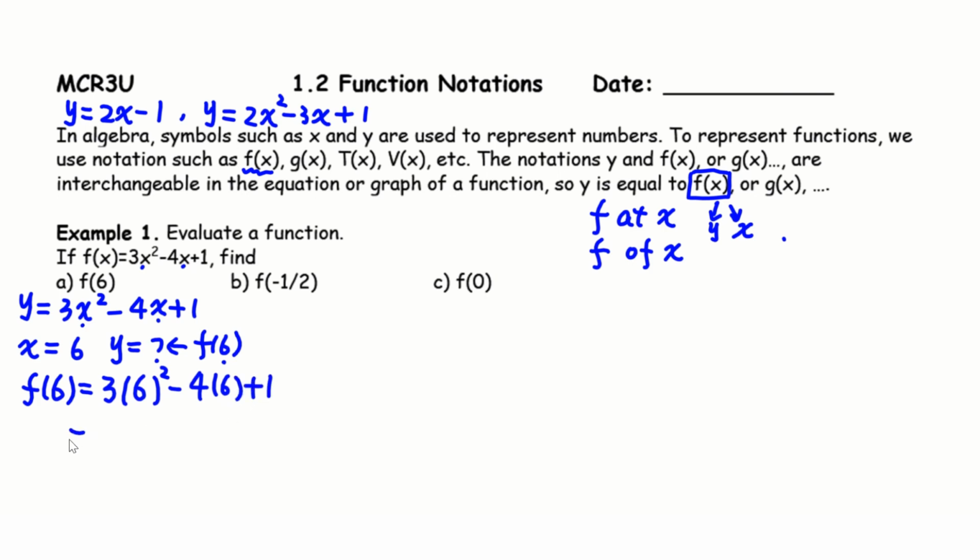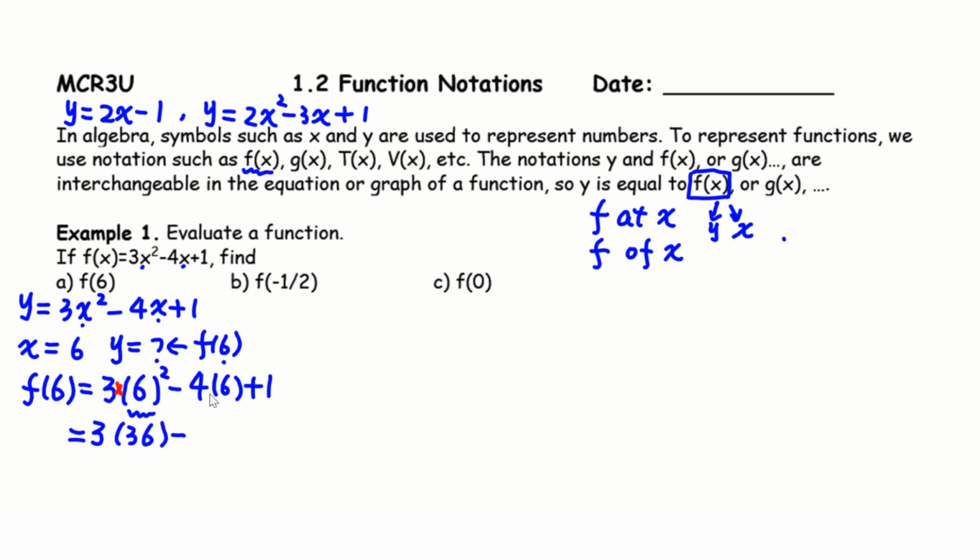So we do the order of operations. We do the exponent, 6 squared, first before the multiplication. 3 bracket 6 squared means we have the multiplication here. We do the exponent first, then do the multiplication. So we have 6 squared gives you 36.